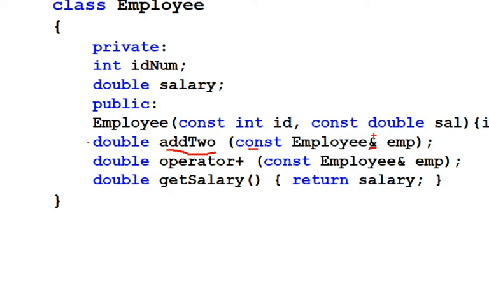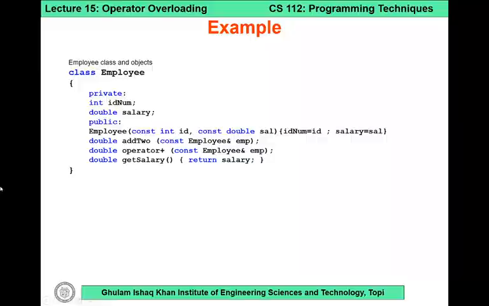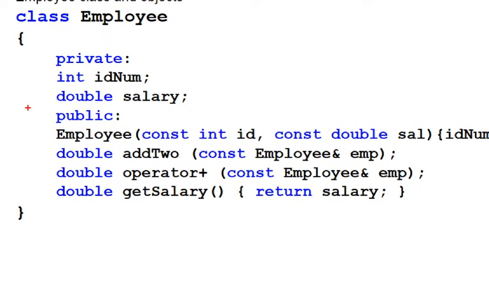But honestly, if you remove this reference and do not make it const, it will still work. So it's up to you. If you want to be very strict in applying constraints, you can do so, but if you ignore these two things, it will work as well.